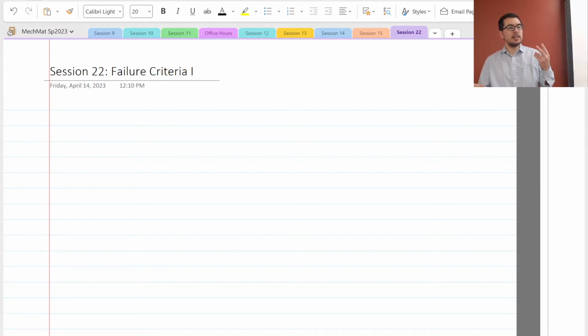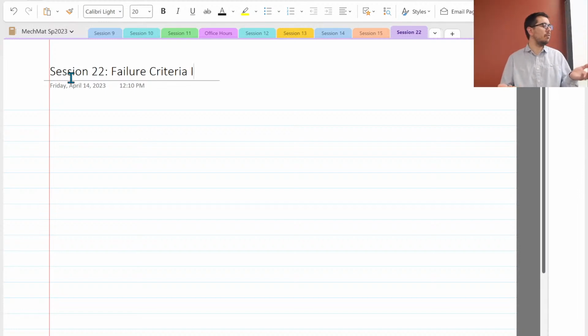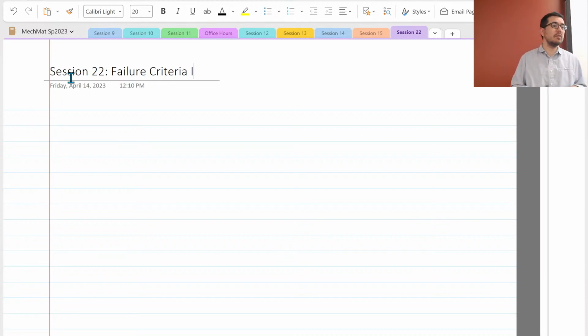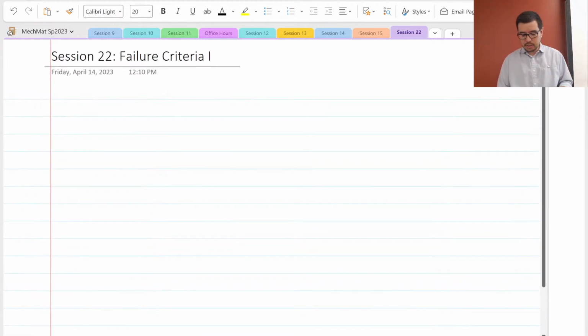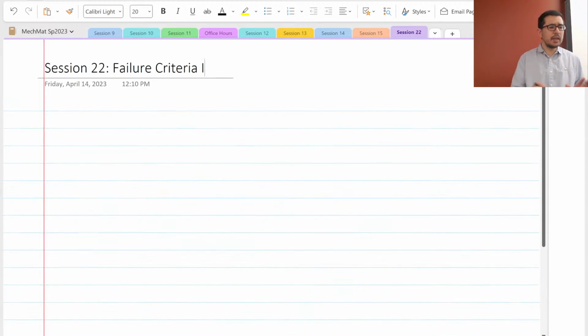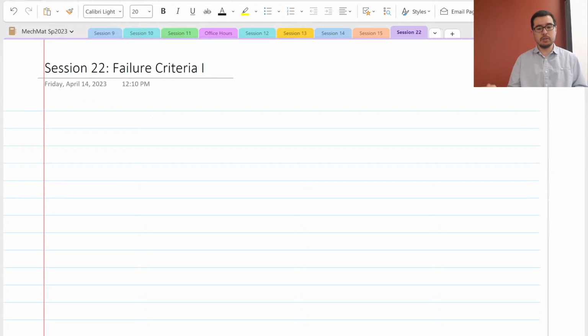Session 2 gets into maximum normal stress theory for brittle materials, and part 3 of session 22 then goes into maximum shear stress for ductile materials. I'll just give a couple of thoughts on the maximum normal stress theory and the maximum shear stress theory.